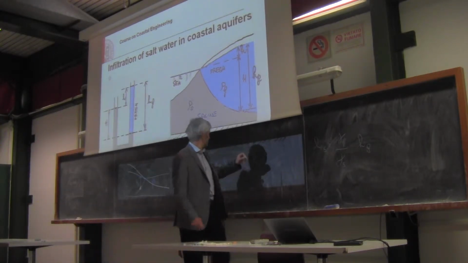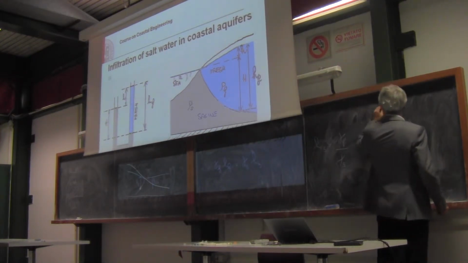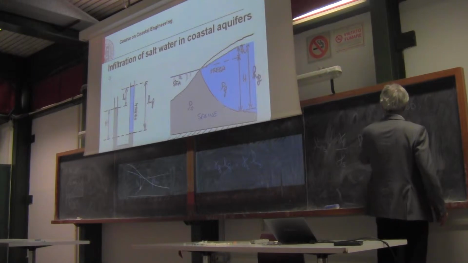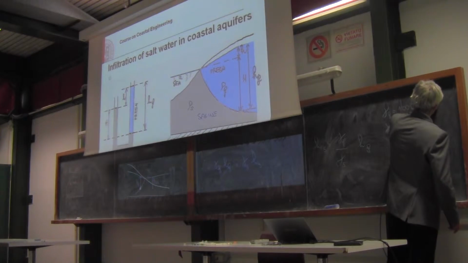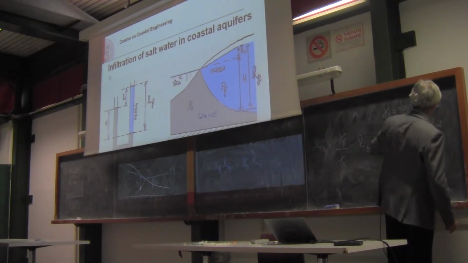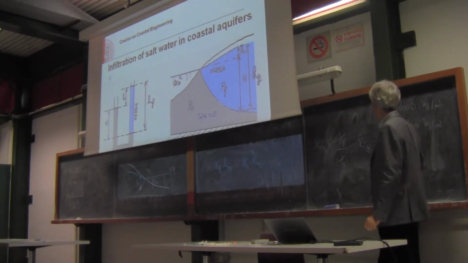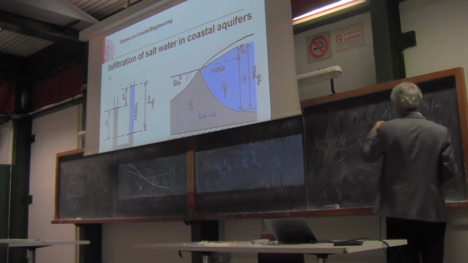If you take into account that gamma F is equal to 1000 and gamma S is equal to 1024 kilograms per cubic meter, you can put a direct relationship here between the two, which is something like 1, okay.